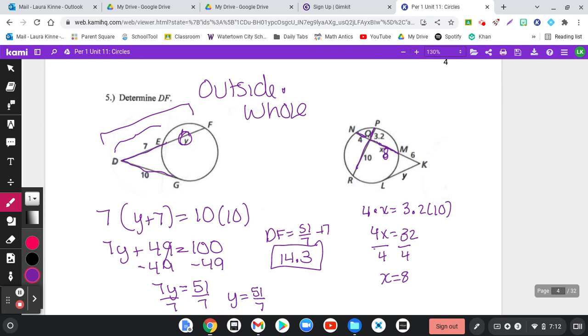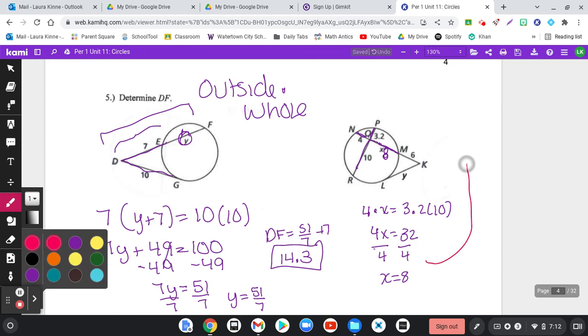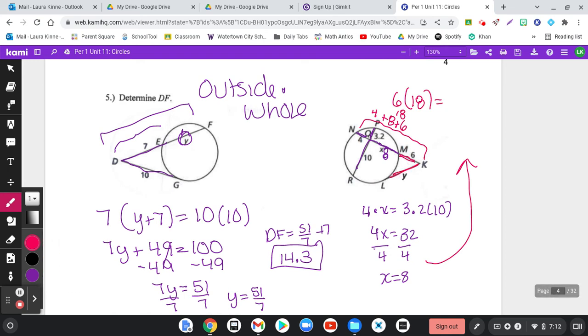Now to find y, since that's outside, we're going to do outside times whole. So we're going to switch gears now. The outside of this is 6 times the whole. Well, it's 4 plus 8 plus 6, which we just found, 18. On the other side, the outside is y and the whole is y, so y times y.